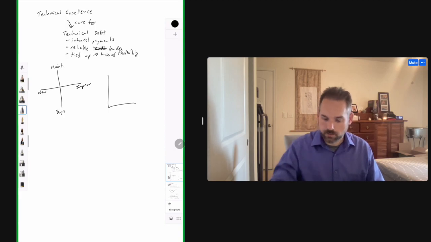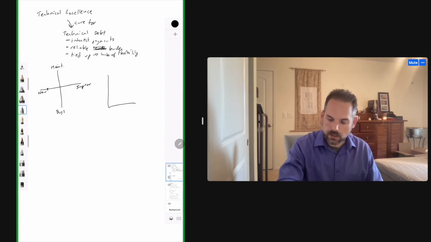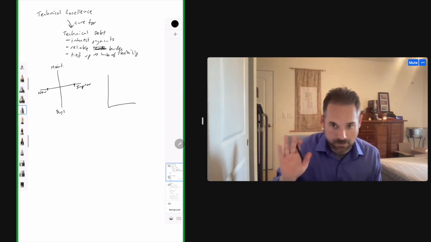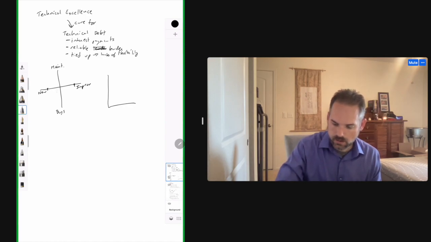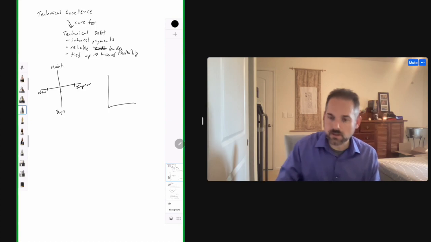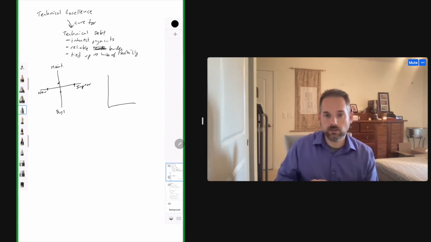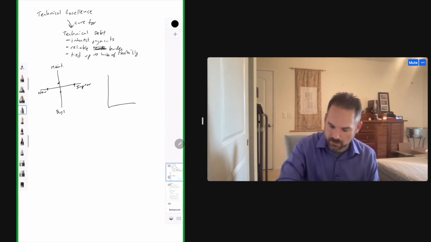So early in a project, I have a lot of new features and feature improvements. And sure, bugs happen. And I do have to maintain my product as I build it. So there's a little bit of that work, but it's not a lot. Most of my work goes into new features and feature improvements.